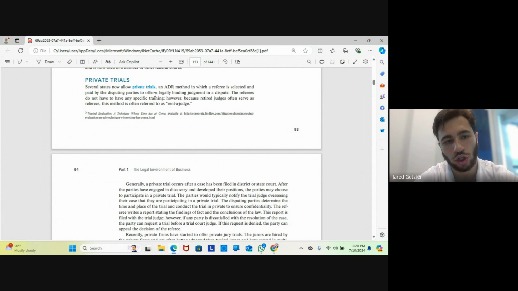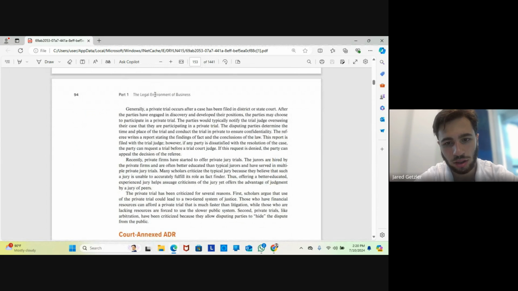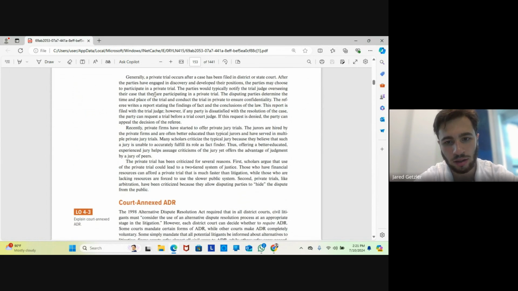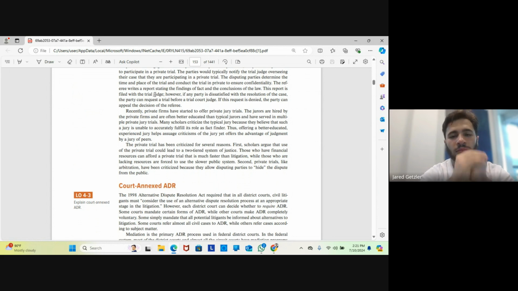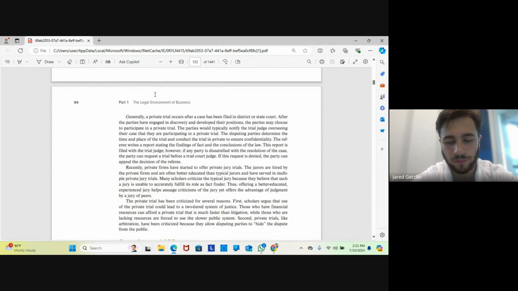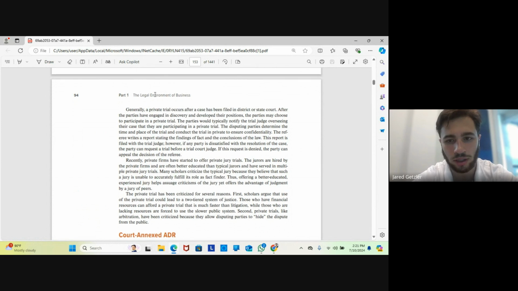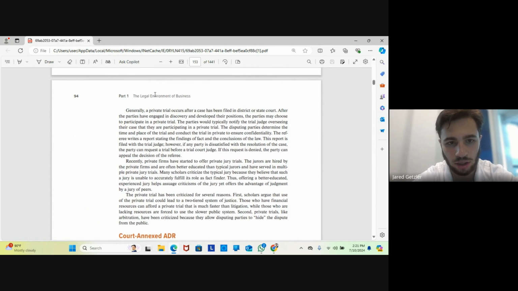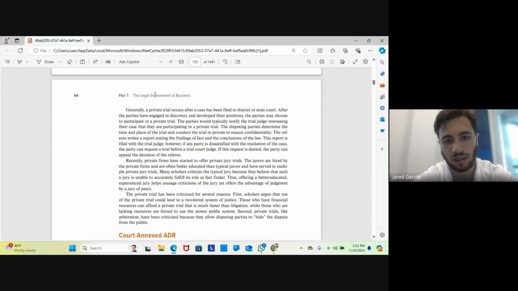A lot of retired judges do this and they become a referee. A lot of this will happen in a business situation, which is where it would be most common for a private trial. So let's say, for example, we go back to Apple and the semiconductor case, right? The referee is going to write a report stating the findings of fact and the conclusions of law, and then the report will be filed with a trial judge.